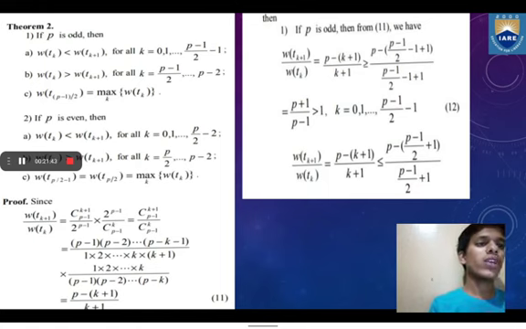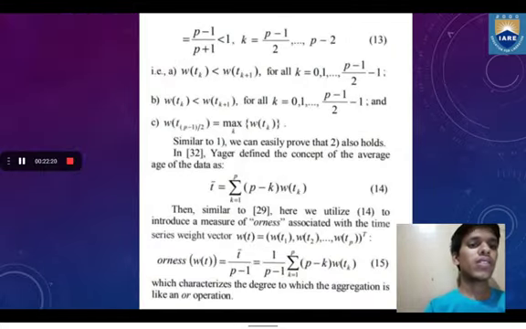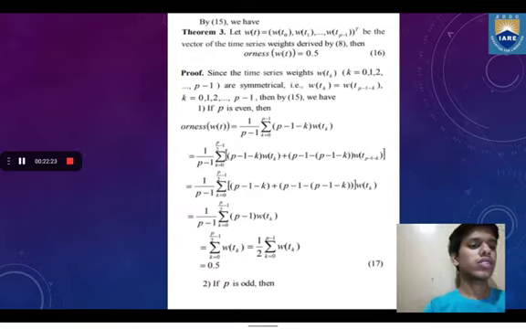So from equation 11, W(tk+1)/W(tk) is equal to (p−k−1)/(k+1), which is always greater than or equal to the same expression evaluated at k = (p−1)/2 − 1. Using this procedure, we can prove all the two conditions and the further conditions given in each of conditions ABC of 1 and ABC of 2. So this is the proof.